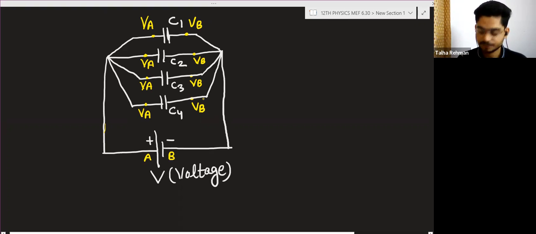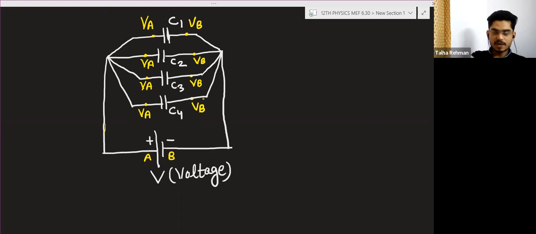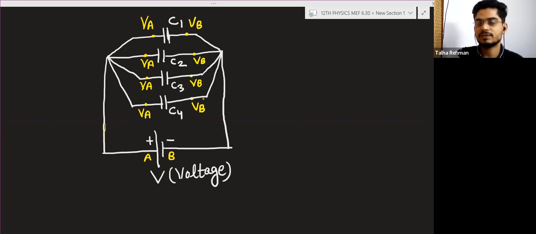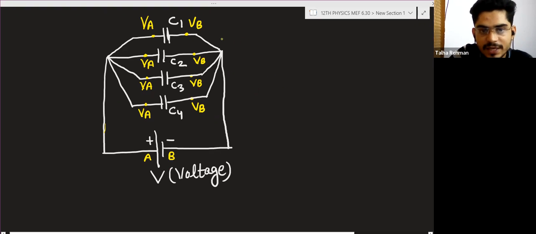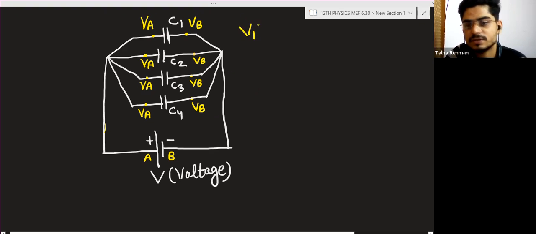Okay, if in the path there are devices that consume the potential, like capacitors can consume the voltage, like a resistor can consume the voltage, then only the potential will decrease. Otherwise it will remain the same. So I can say V1 is equal to VA minus VB. V1 is the voltage across C1.